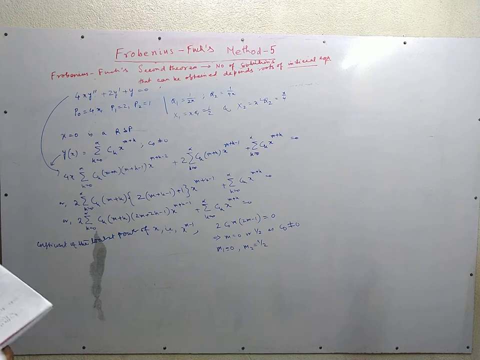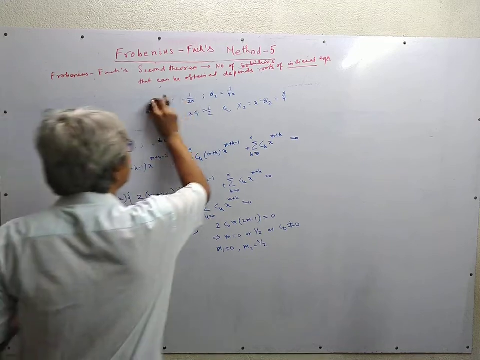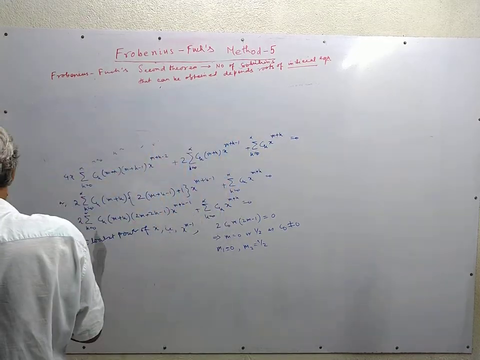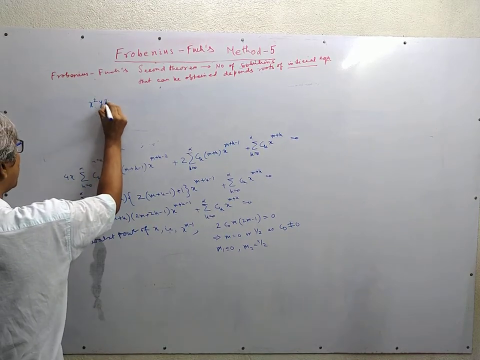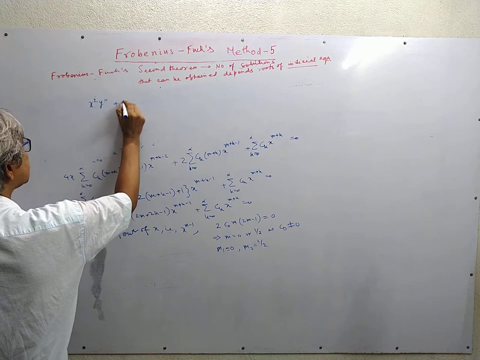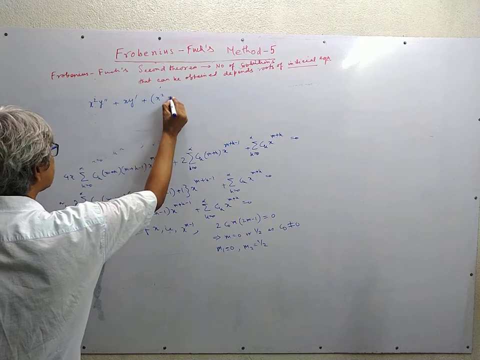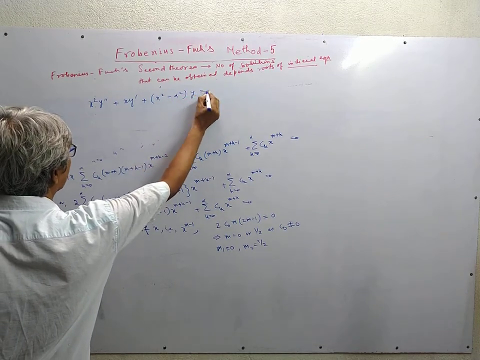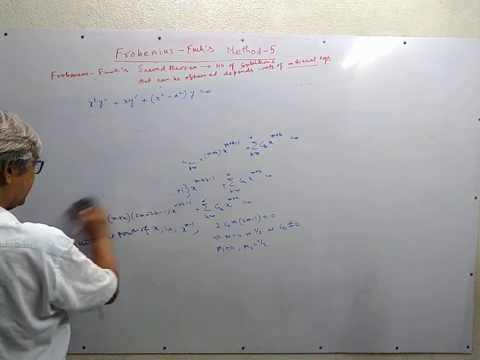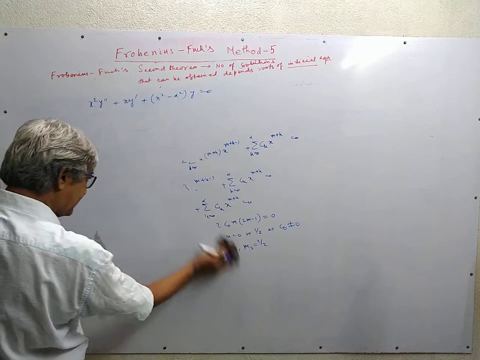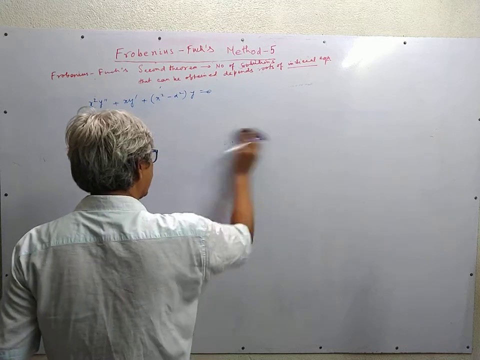Then we consider another example to show that the roots of the indicial equation do not differ by an integer. The second example is x squared y double prime plus x y prime plus (x squared minus alpha squared) y is equal to 0. This is actually the Bessel differential equation, although we have already considered the Legendre differential equation without uttering the name.